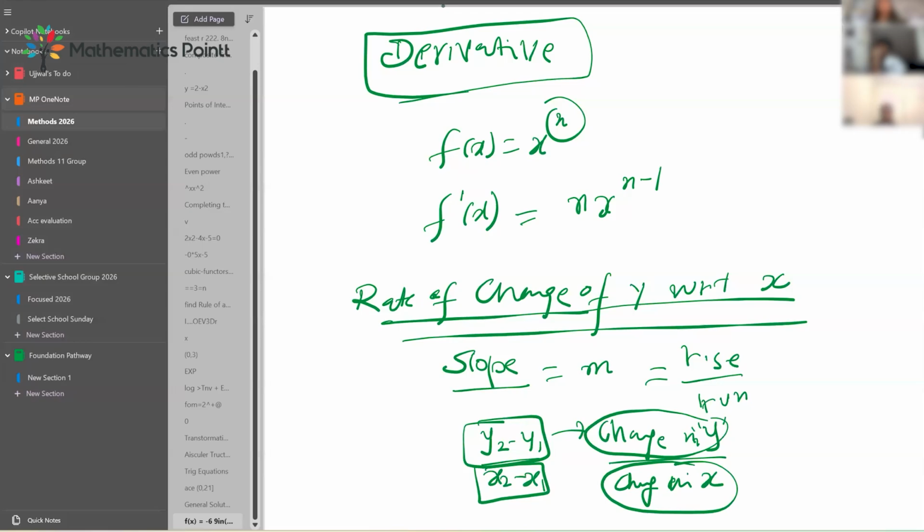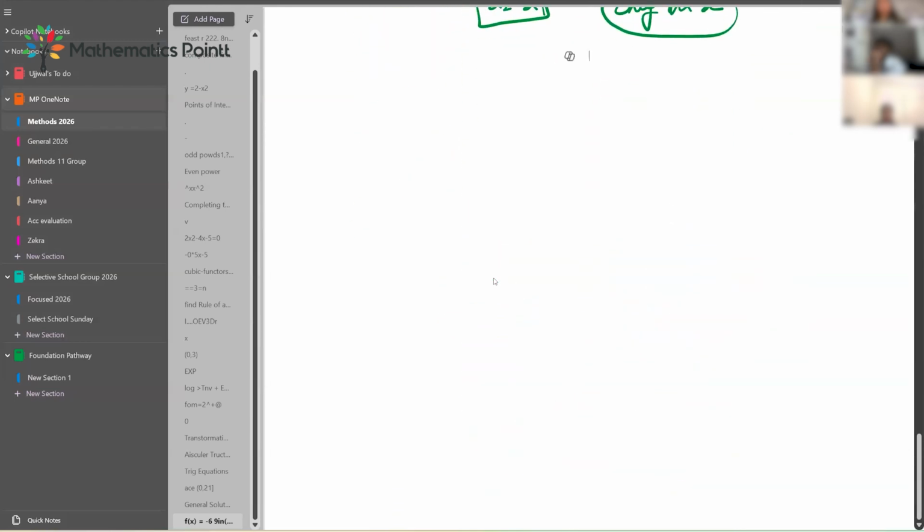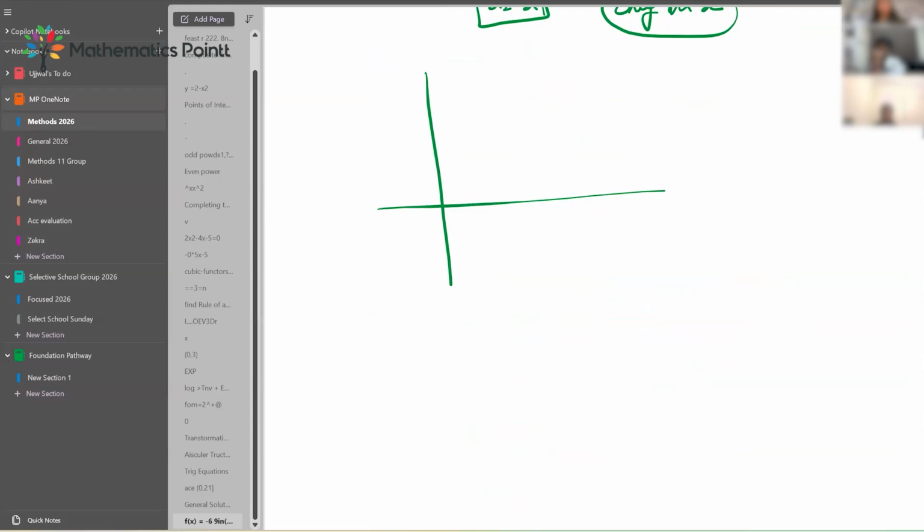Simple. So now if I have to find the rate of change between 2 points, let's say I have a line like this, and I say there are 2 points, x1, y1, x2, y2.